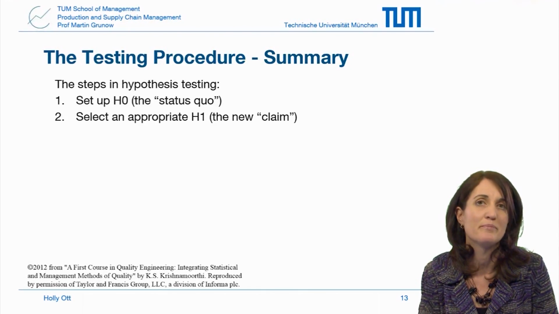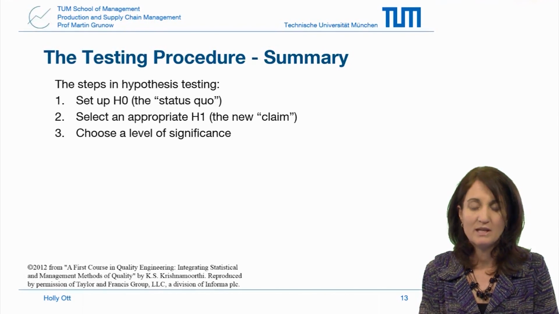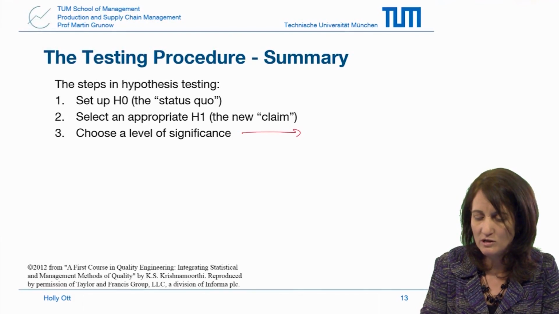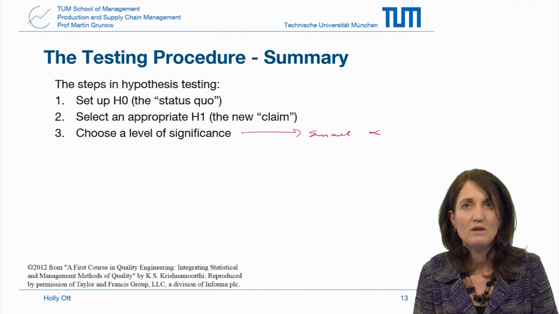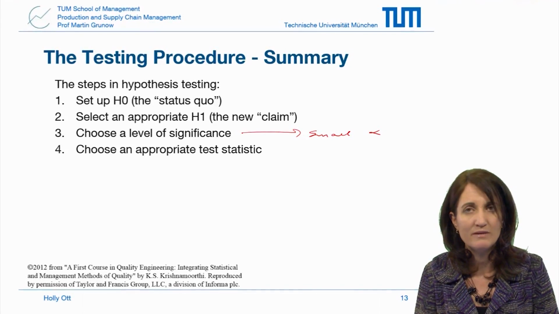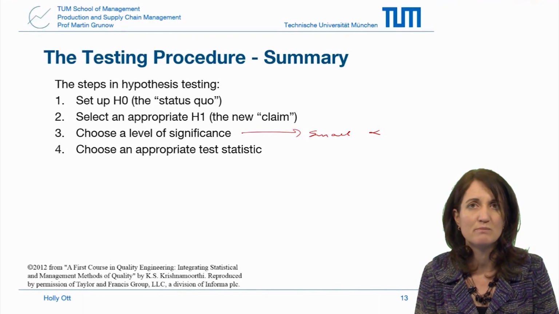This is the new claim. We choose a level of significance, and generally this is going to be a small value, alpha. And we choose an appropriate test statistic. So the one we're looking at in this case, we're looking at mean values, and we look then at our X bar as our test statistic.